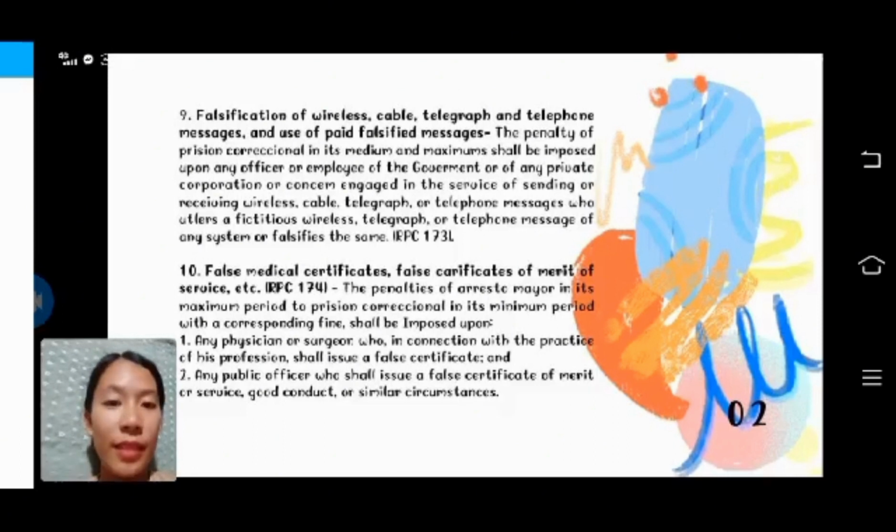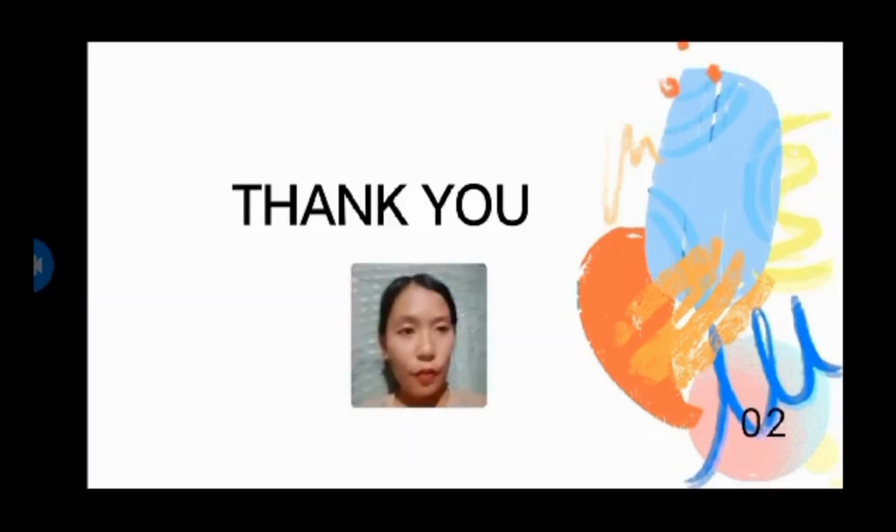So for the conclusion of our topic, forgery is a crime that involves the creation, alteration, or use of a false document with the intent to defraud, deceive, or mislead another person or entity. This can take various forms, such as making a completely new document, altering a real document, or using a real document with false information.